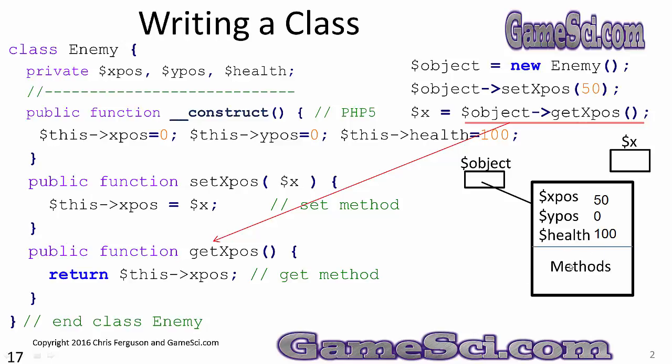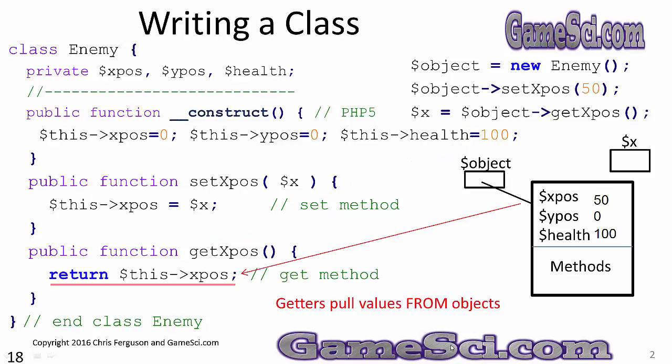Now I can't draw all the methods down here in the object, so I just use the term methods. I'm going to be running one of these methods over here, specifically the getXPosition method. Pull a value out of the object. It'll jump, follow the arrow, it'll jump down to this code and execute this code. Inside the code, it's going to return this object's XPosition variable.